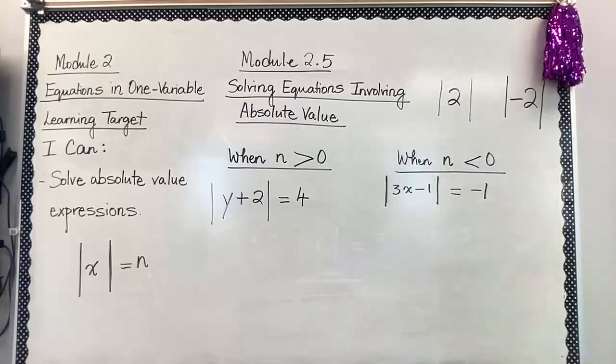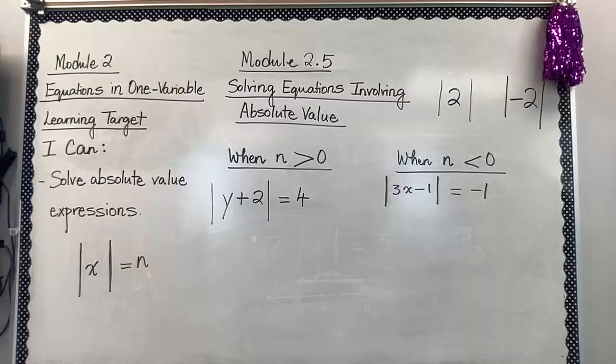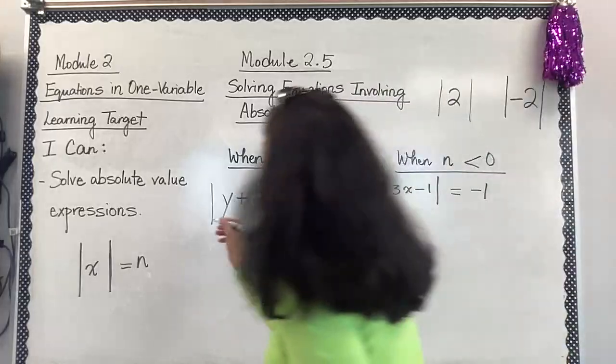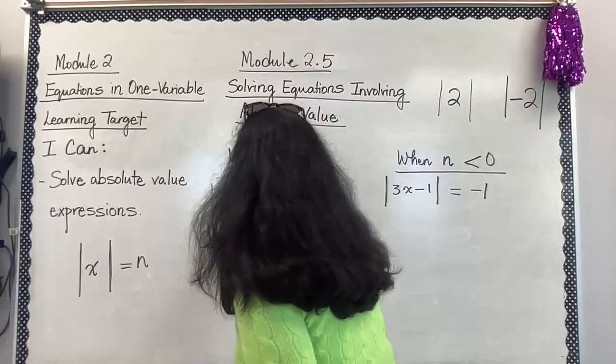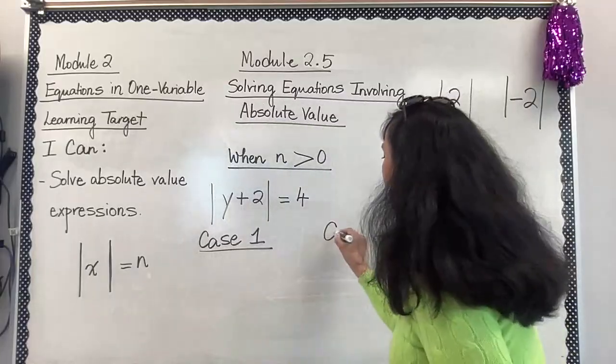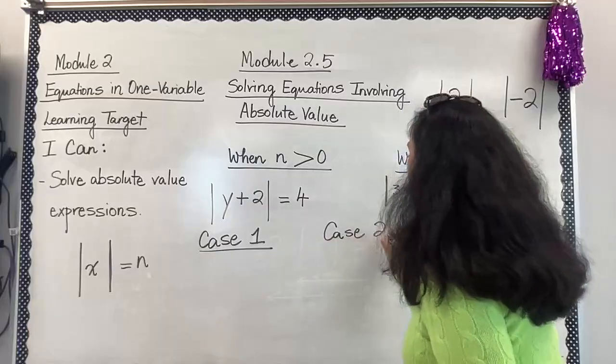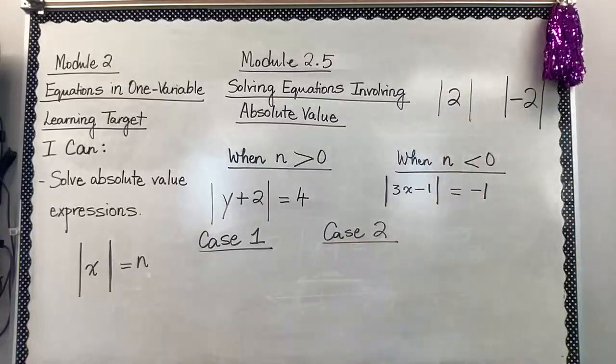All right, so if I look at this, we can have two scenarios here. Okay, we are going to have case 1 and we are going to have case 2. There are two cases that are possible with this.